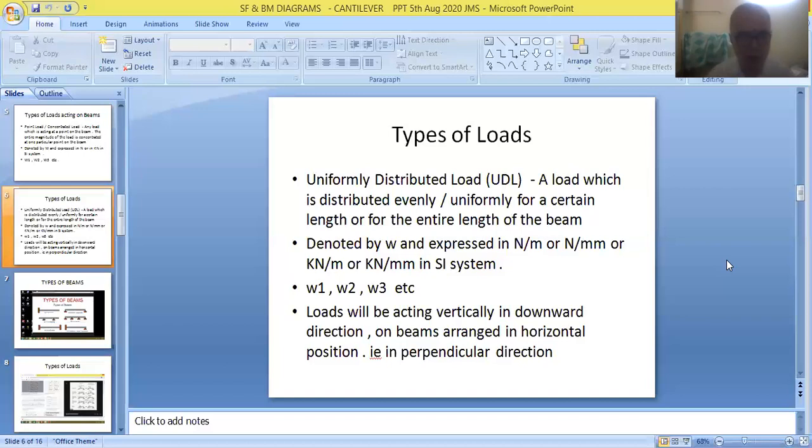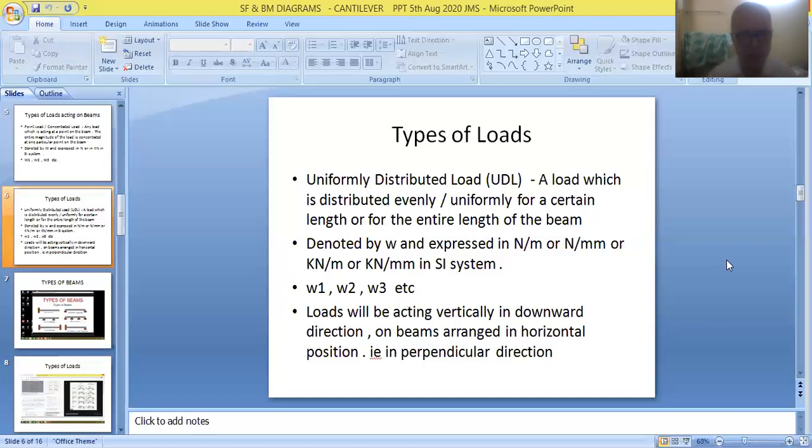So we have to remember the definitions, the units, and also the notations. All these factors are very, very important.